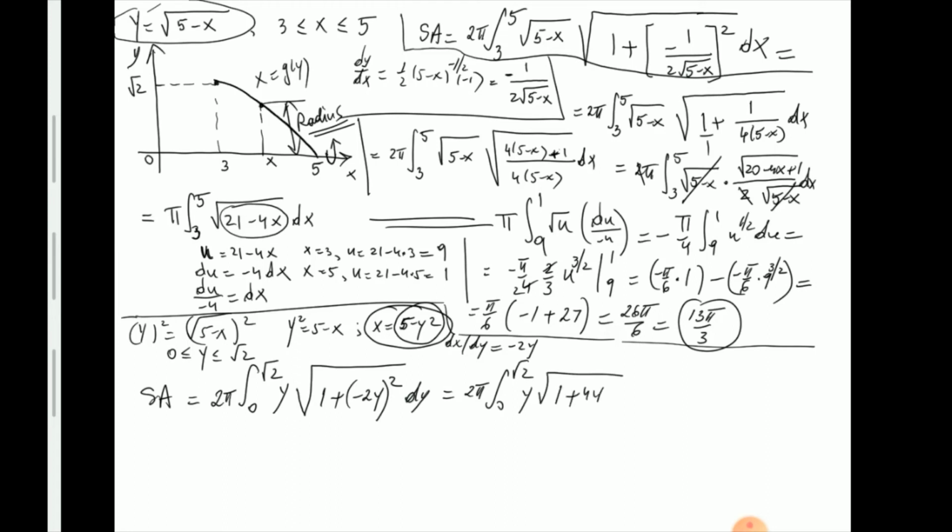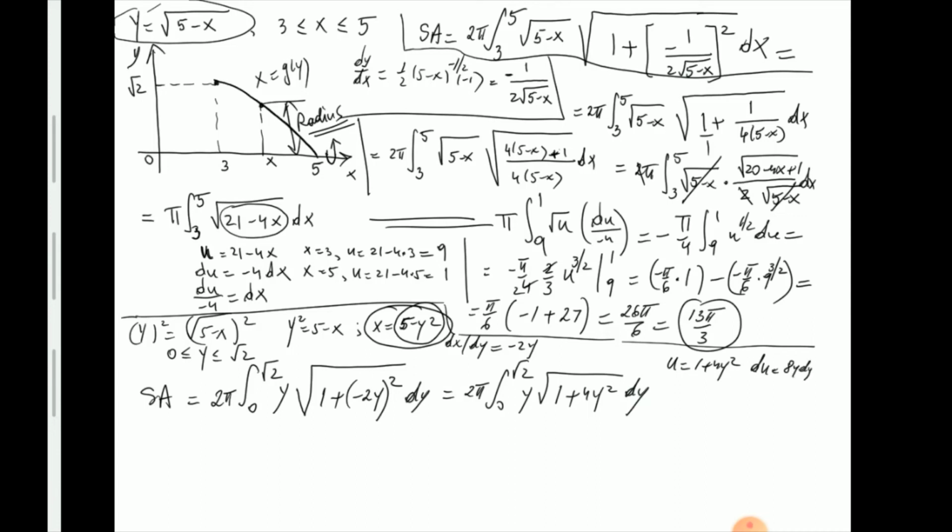Now notice this also is suitable for a substitution. Pause for a moment and see if you can figure it out. You should always pause the video and try to finish the example ahead of me, and then check with me later, just for practice. So the substitution is u equals 1 plus 4y squared, which works because you have y outside and du is 8y dy.